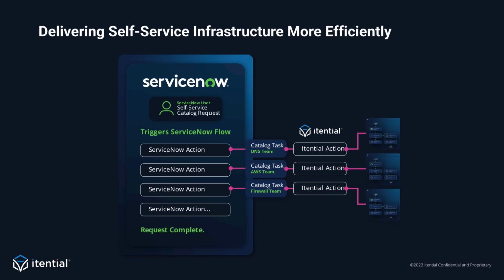And you can now build multiple levels of checks and validation throughout the process, because machine to machine, API to API, it's a much more seamless handoff. It's faster, it's less error prone, and it increases efficiency across.